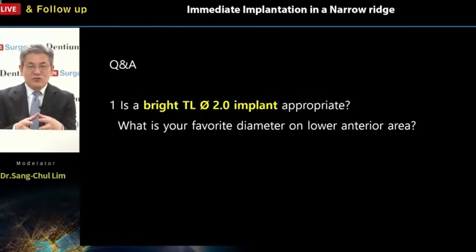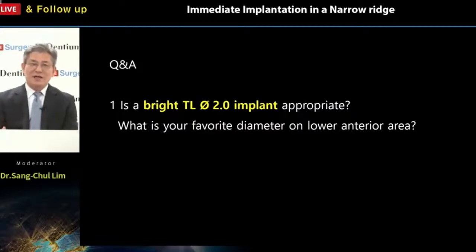If you choose a little bit bigger diameter implant fixture, you may have a complex procedure like bone grafting, GBR procedure using a barrier membrane. All of this procedure does not match the simple, easy, and faster implantation concept.